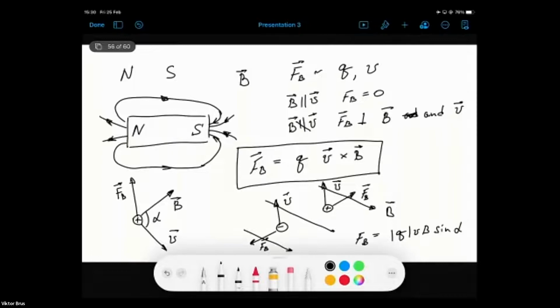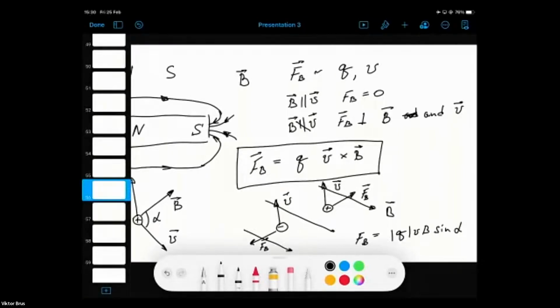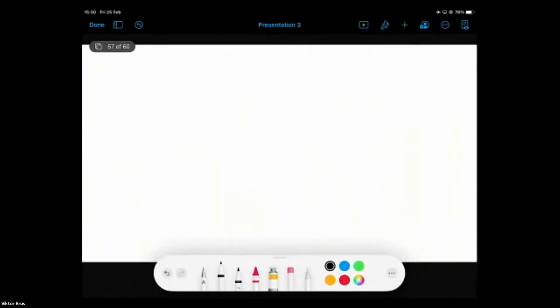So now it would be good to highlight some differences between magnetic and electric force. So we know that electric force is parallel to the electric field lines, and magnetic force is perpendicular. So we have shown that no matter what, magnetic force is oriented perpendicularly to magnetic field lines.